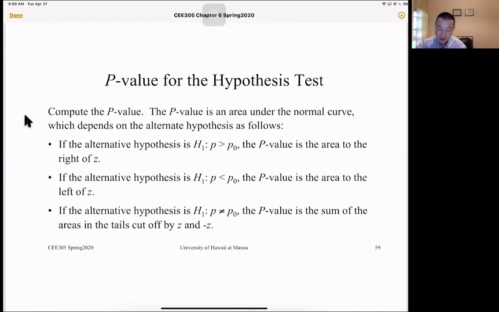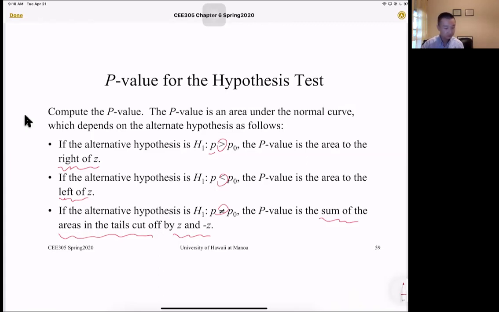If H1 is that the population proportion P is larger than P0, then the p-value is the area to the right of Z. If it is less than P0, the area to the left of Z. If not equal, then the p-value is the sum of the two tails cut off by Z and minus Z. This is the same as other situations, such as the large sample population mean, so the same setup for H1.